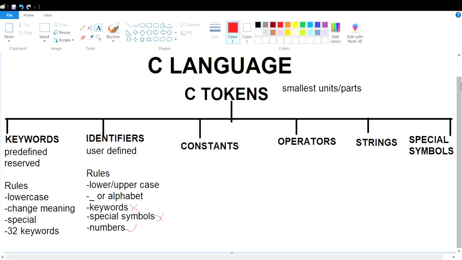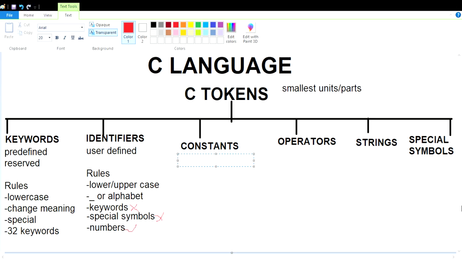Okay. Next, coming to the constants. A constant is the data that does not change during the execution of the program. That will be fixed data.